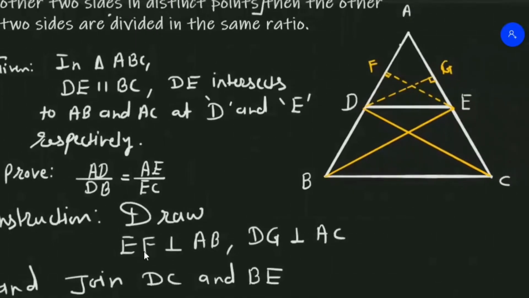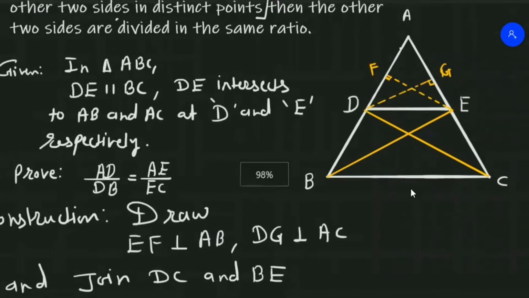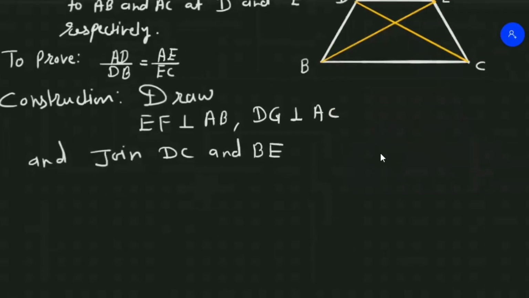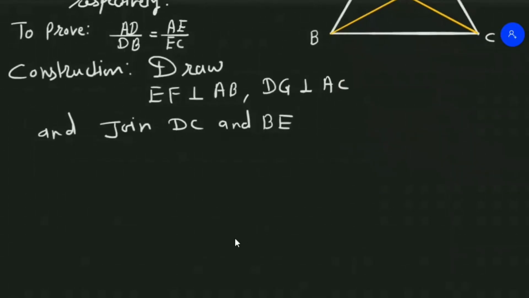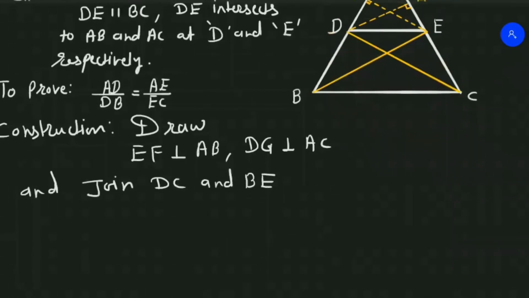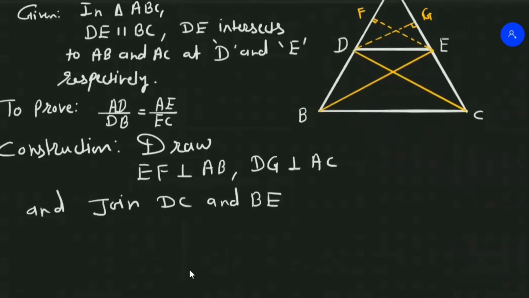We have drawn EF perpendicular to AB and DG perpendicular to AC. Also, we have joined DC and BE. Now we will start to write the theorem. Let's see what is to prove.